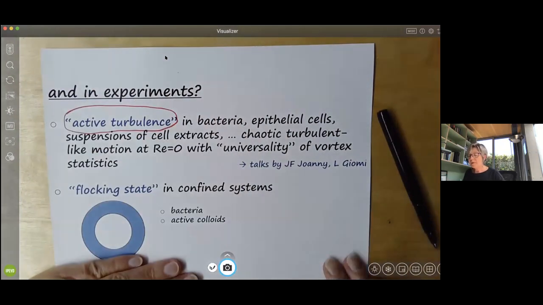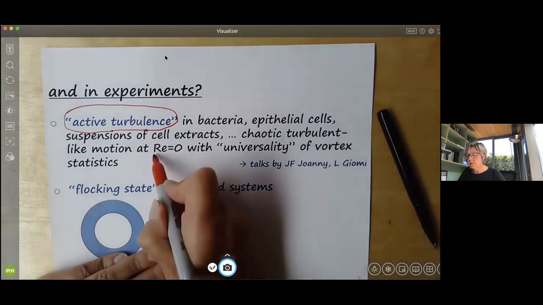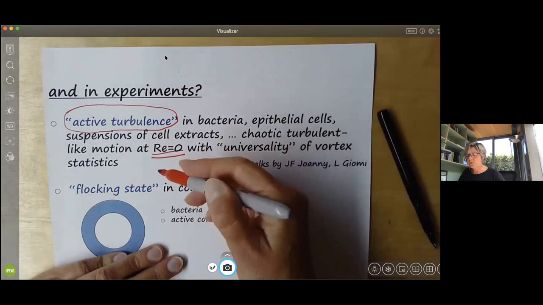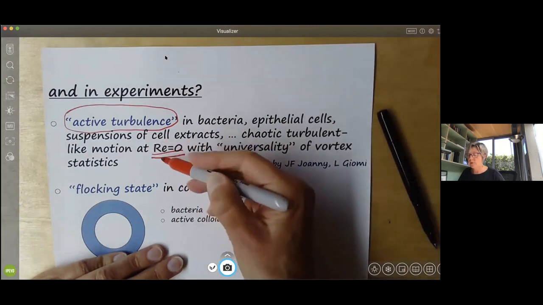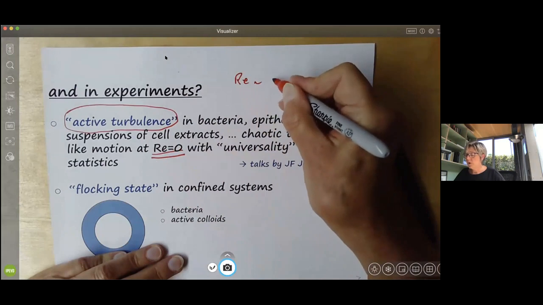Possibly a misnomer, because the behavior actually occurs in a regime in which dissipation greatly exceeds inertia.